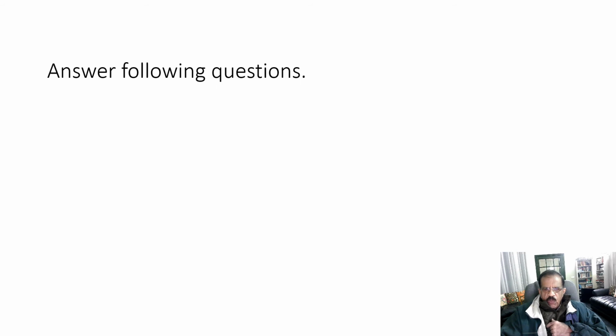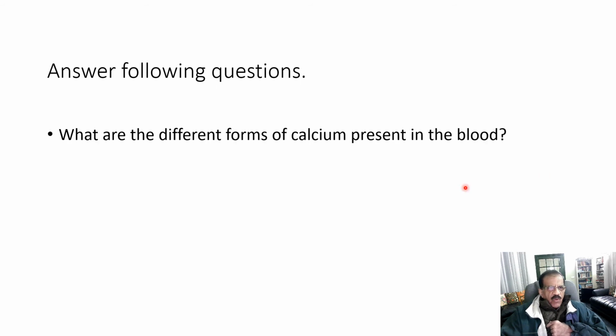Answer the following questions. What are the different forms of calcium present in the blood? Calcium is present in the blood in the form of free calcium, which is called ionized calcium. That is about 50% of total calcium, and that is what matters. Then the remaining 50% is further divided. 35% of the total is bound to albumin.